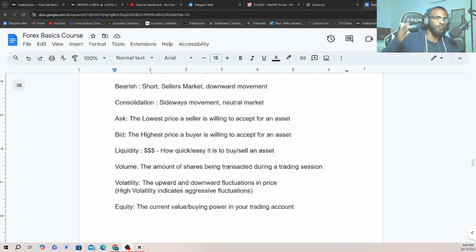Unrealized gain means your account's floating in profit, but you haven't closed your trade out and secured the profit. So let's say your balance is $1,000, but you're up $200 on a trade. Your equity will be $1,200 and your balance will remain $1,000. So the equity is the current value or buying power in your trading account.